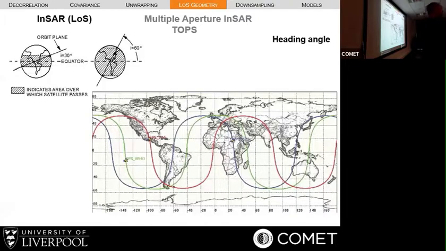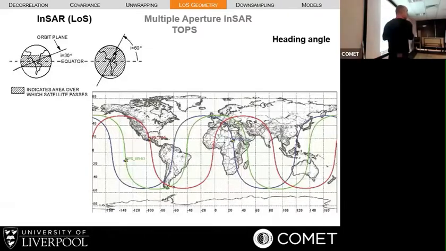Pay attention that by doing this, you could essentially reproduce as well the phase jumps that you will be observing due to differential motion between the different viewing angles at the intersection between bursts.